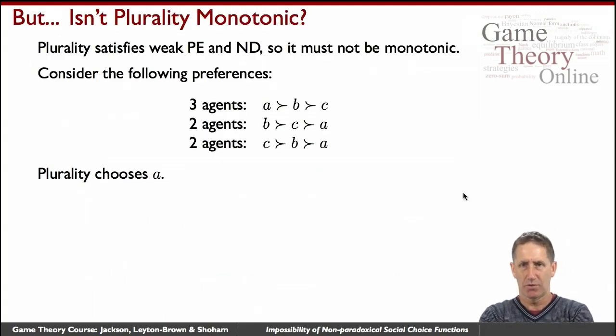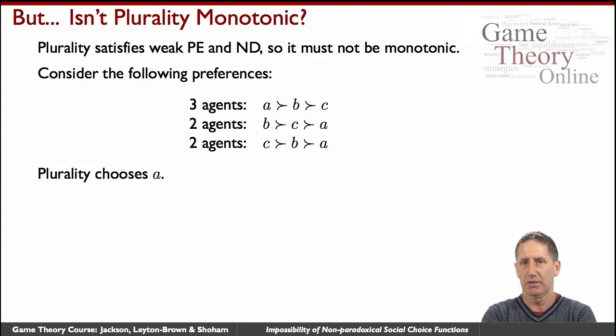Now, just to test our intuition again, let's consider an example, and let's take plurality, which perhaps on the face of it might contradict the theorem. Clearly, plurality is Pareto efficient. In other words, if everybody prefers some candidate to another candidate, that other weaker candidate will never be the choice.